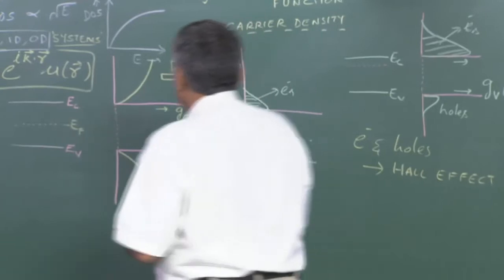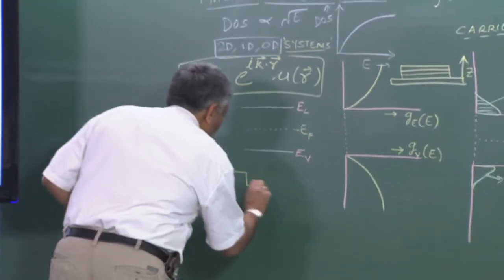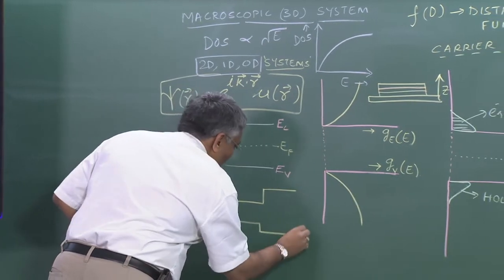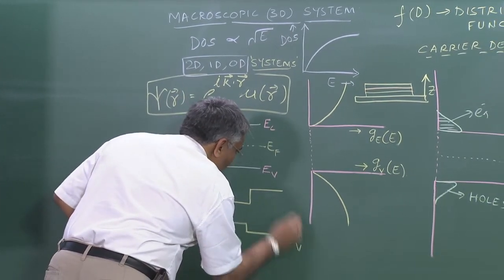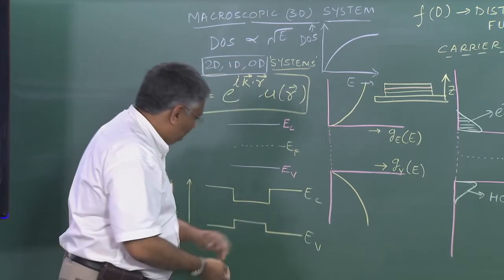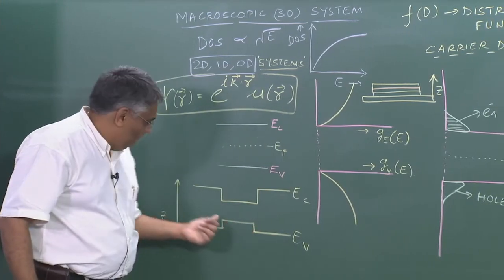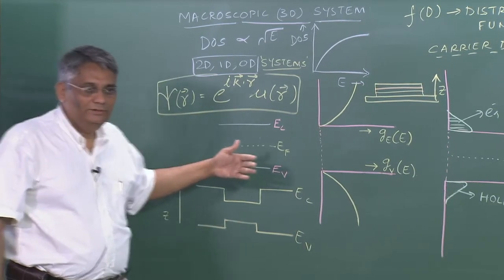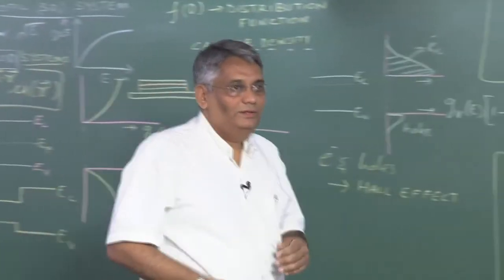You've seen the band gap structure already, right? This of course is the growth direction. So when carriers move from one edge to the other, you ought to see confinement.